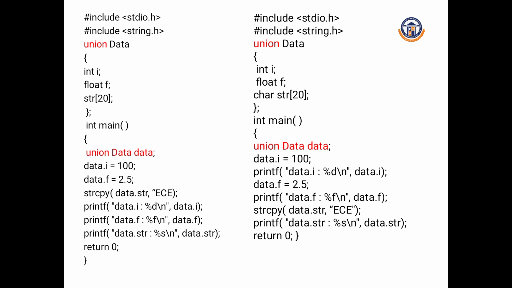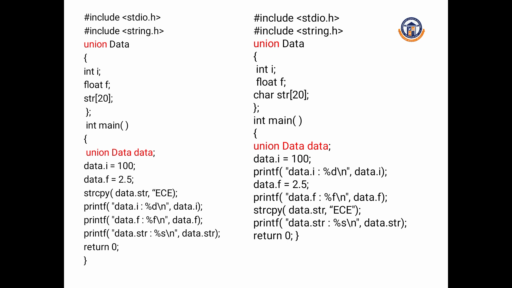After that it is variable dot member, data.i is equal to 100. After data.i, I have asked the system to print data.i. In the first part of the slide, I defined, declared and initialized all those things, and after that I am going to print the data.